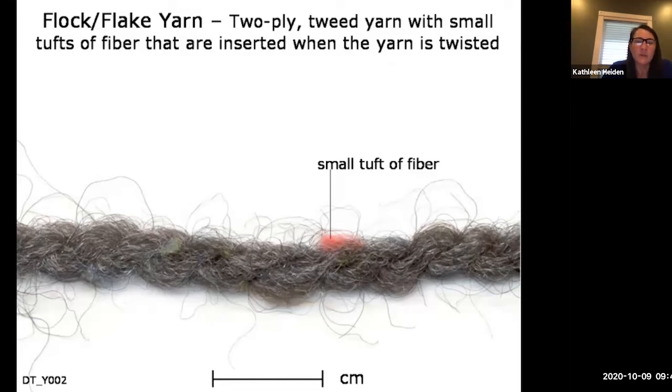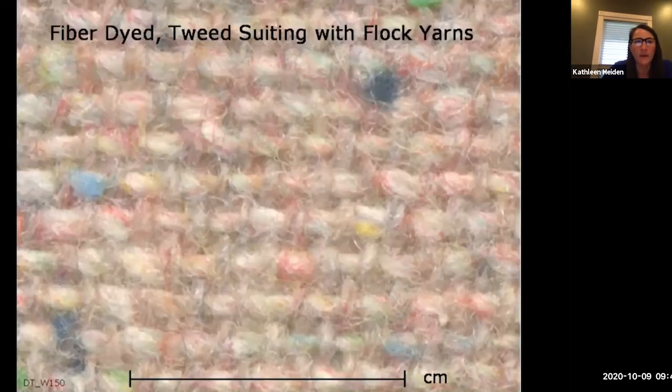You can actually pull out your small tuft of fiber or your flock or flake, and you're not going to destroy the yarn itself. So these are things that are added in that add visual interest but don't affect the strength, the durability of that fiber or yarn. So this is an example of fabric that has been done with a flock yarn.